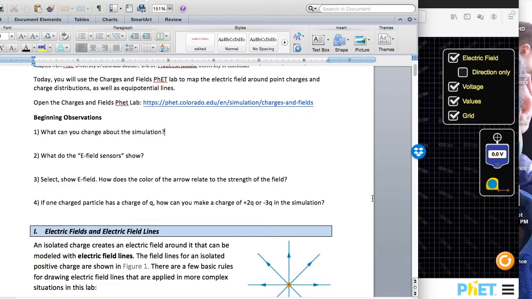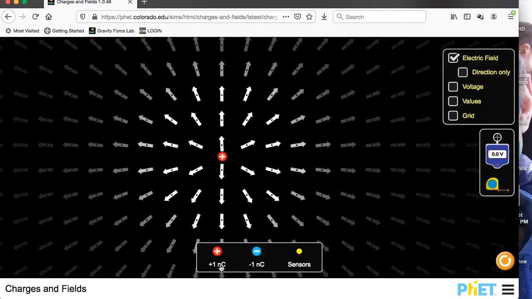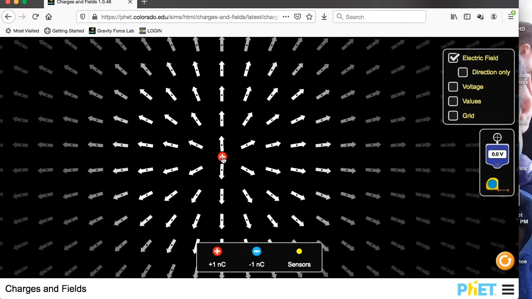And lastly, what if I wanted, instead of, so right now 1Q equals 1 nanocoulomb. So we have plus 1 nanocoulomb or minus 1 nanocoulomb. What if I wanted a point charge here that was more than that? Well, think back to our principle of superposition. If I have 2 charges here, the electric field strength is going to add vectorially. So since both of them are producing an E field in the same direction, radially out from them, the E field's going to add up, like vectors.